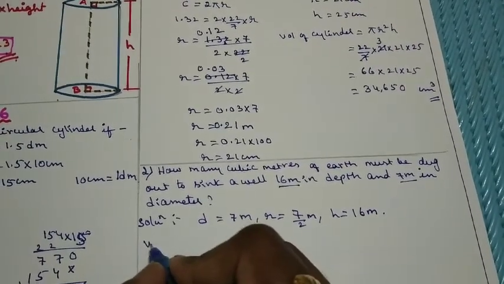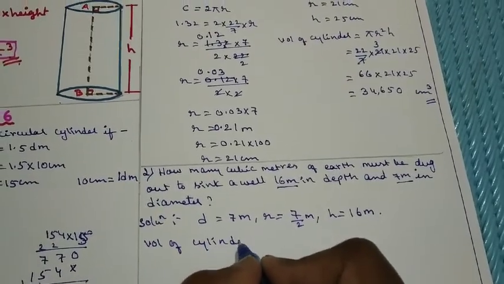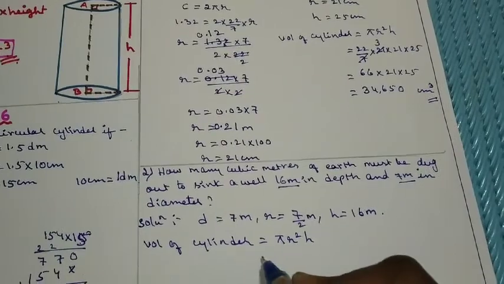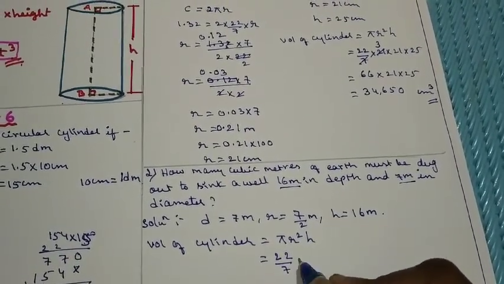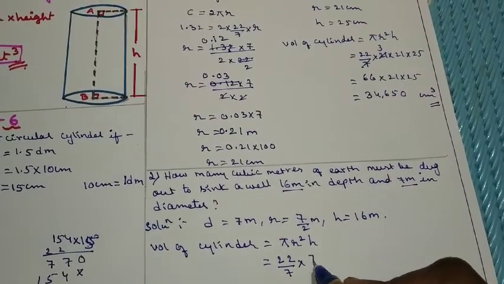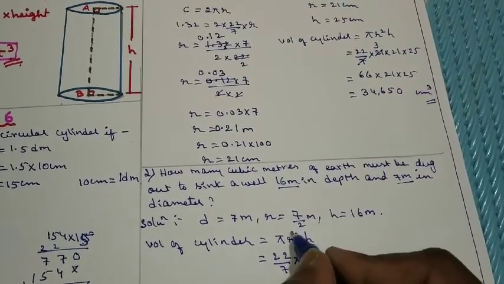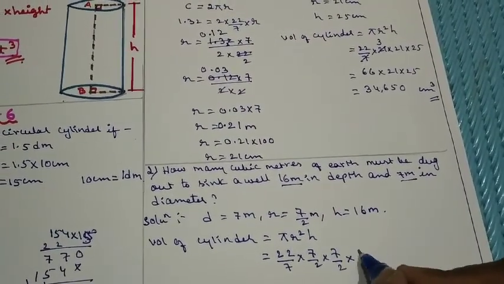So volume of cylinder equal to pi r square h. Here pi value is not given, so we can take it as 22 by 7, into radius 7 by 2 into 7 by 2, because we have r square which should be written 2 times, into height 16.